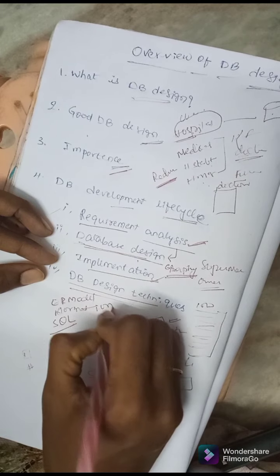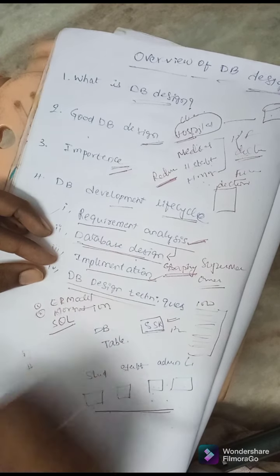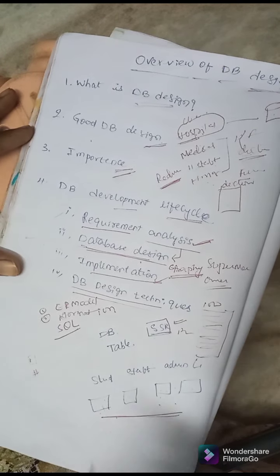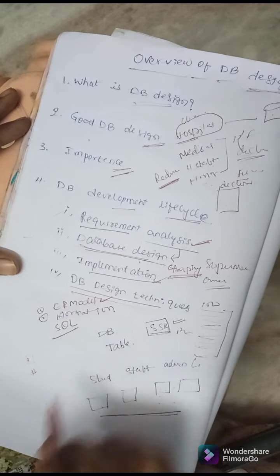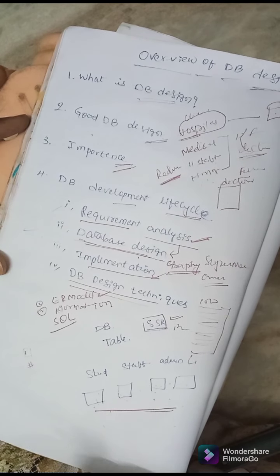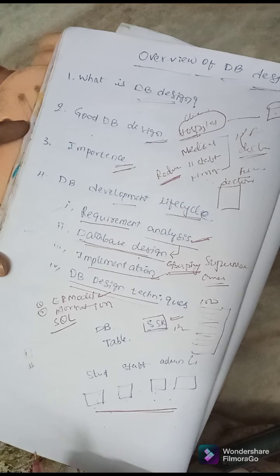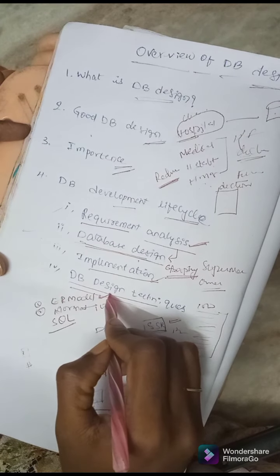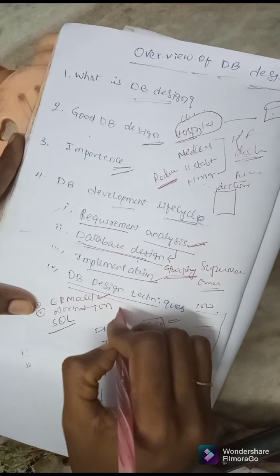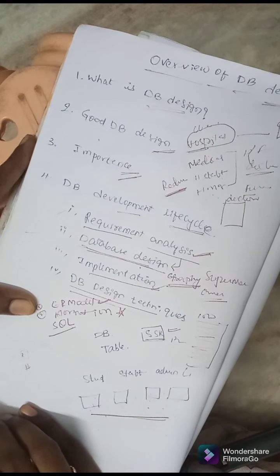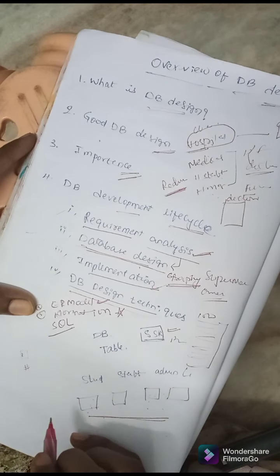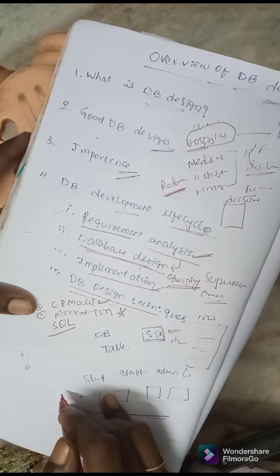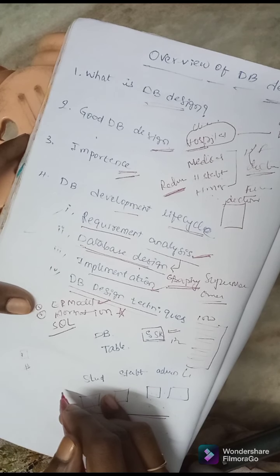The ER model is the most important part in database design. In the next class we'll discuss the ER model, and normalization is also a very important topic for the subject as well as for your academics. Is it clear?